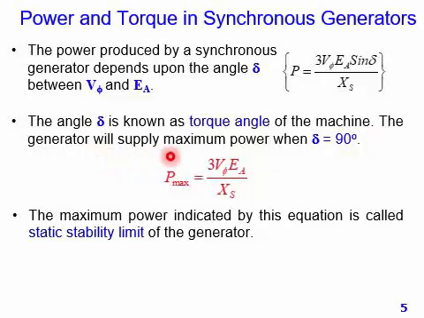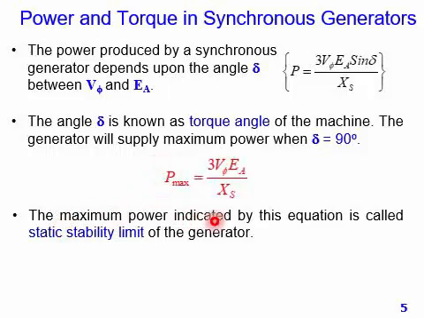The generator will supply the maximum power when this delta is 90 degrees. If we see the equation, if this delta is 90 degrees, sine 90 would be 1, and this part would become the maximum power, which is written here in red color.